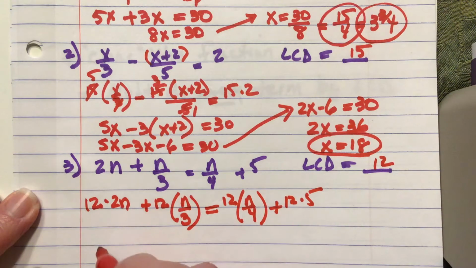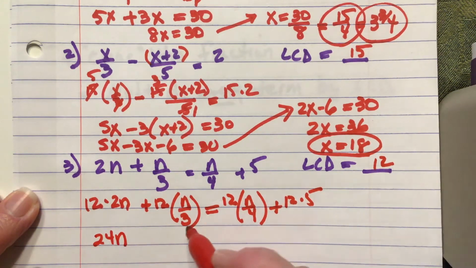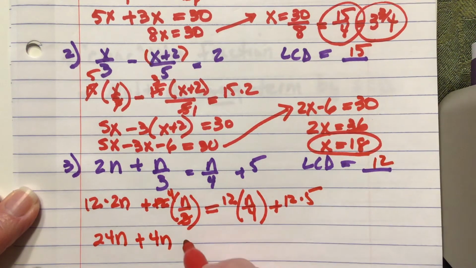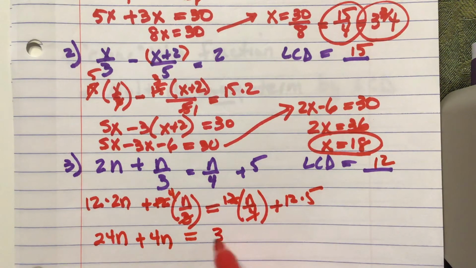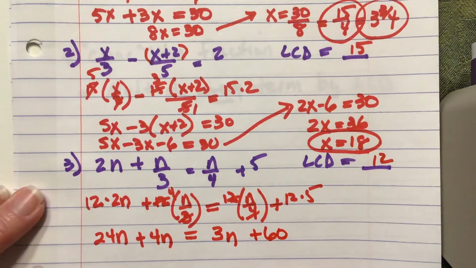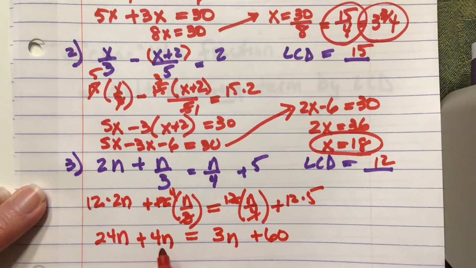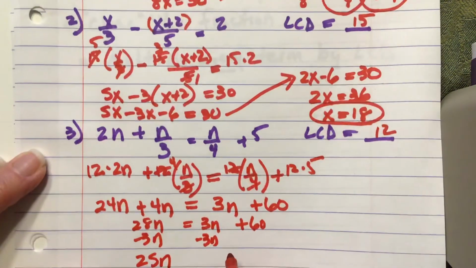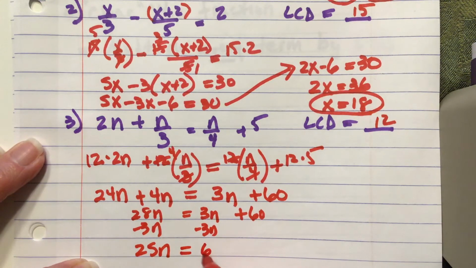So I'm going to multiply all these out. 12 times 2n is 24n. Here I can cancel, so this becomes 4n is equal to, I can cancel this and get 3n on this side, and 12 times 5 is 60. So now I'm going to add up my like terms. 24 and 4 is 28n is equal to 3n plus 60, subtract 3n, and I get 25n is equal to 60.